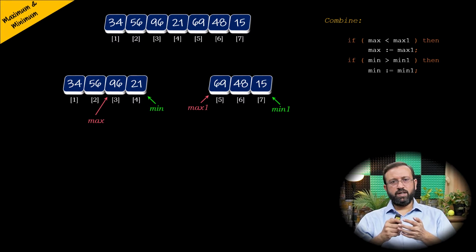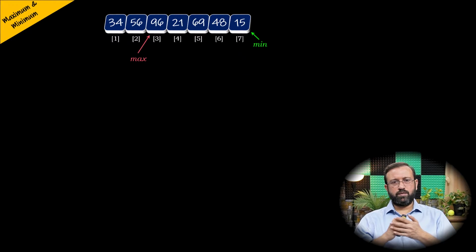So when we combine the solutions from this left subarray and this right subarray, max is 96 and max1 is 69. So max, which is 96, is greatest among max and max1. So we will assign max as 96. In the same way, min is 21 and min1 is 15. Min is greater than min1. So we will assign min as 15, which is the smallest among min and min1.